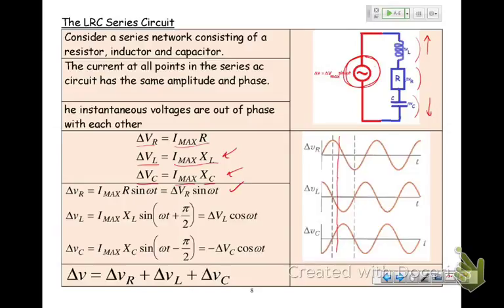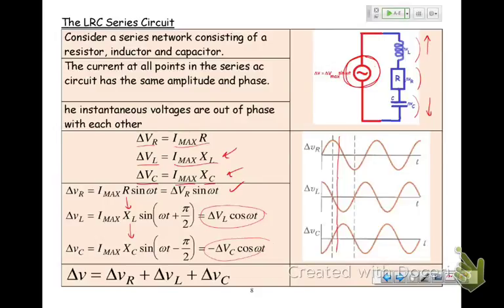And I know my delta VL, the voltage across the inductor, equals I max XL, rather than R we have XL, sine omega t plus pi over 2, because that's what we learned the phase difference was. And then for the capacitance, it's I max times not XL but XC, sine omega t minus pi over 2, which gives me that. So yeah, I can look at this and I can figure stuff out if I know my omega, etc., etc.